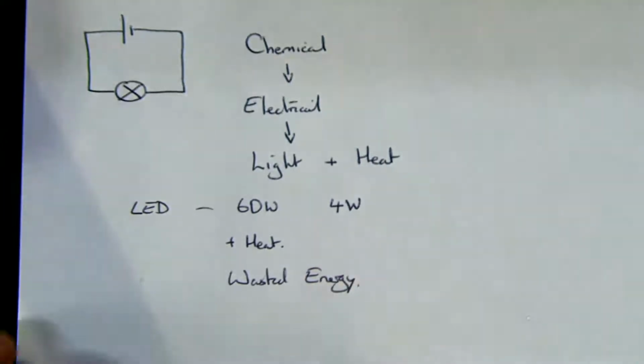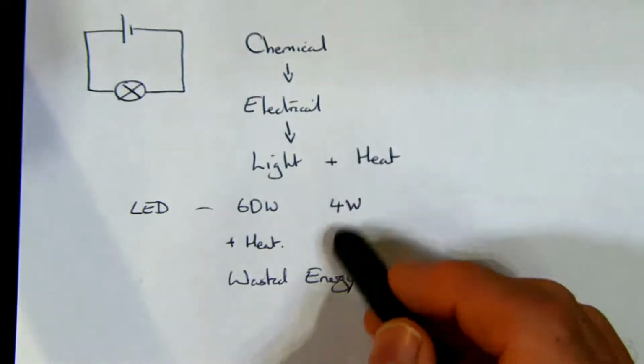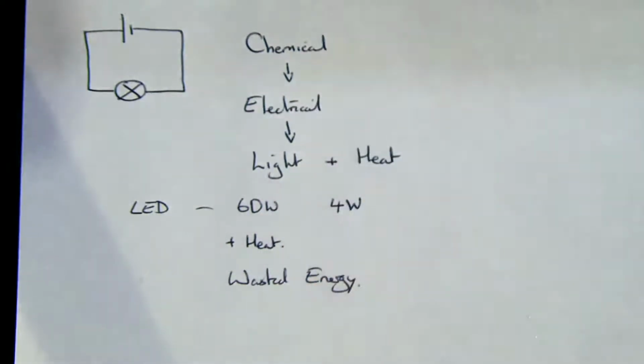You can argue that in the winter this is actually heating up your house, but basically if I want light, then I want to get as much efficiency as we can converting one into the other.